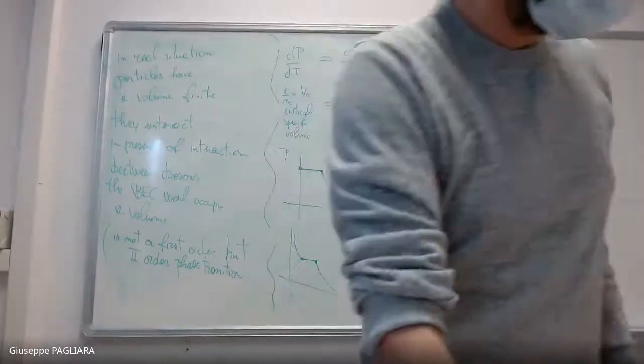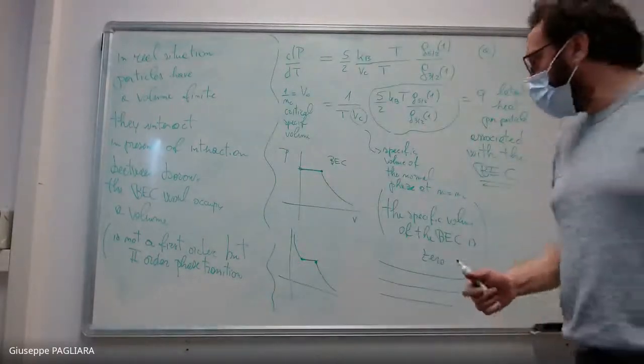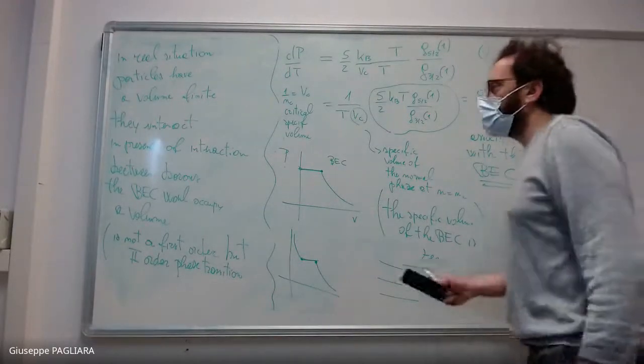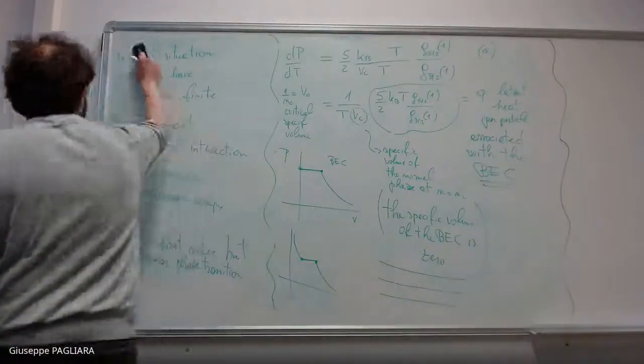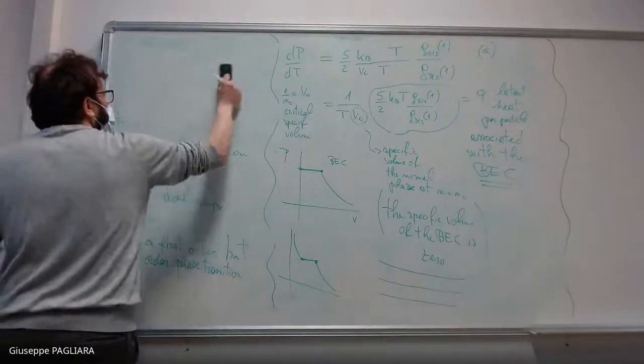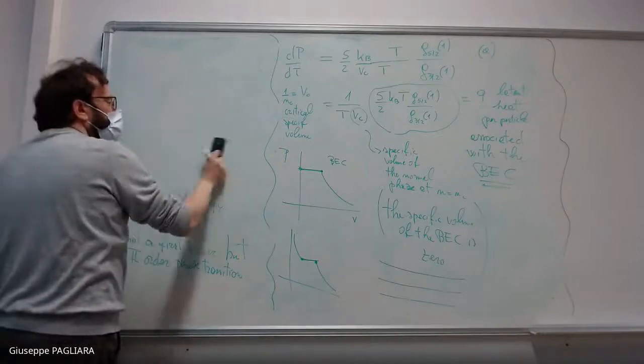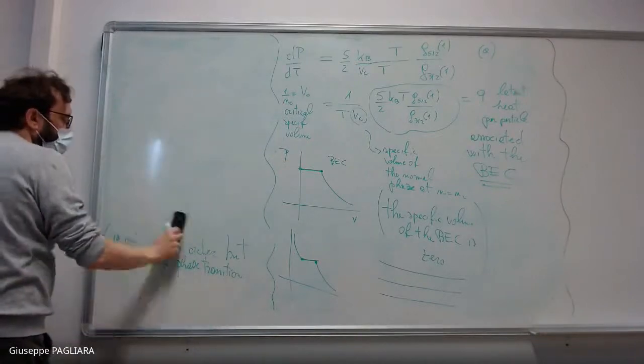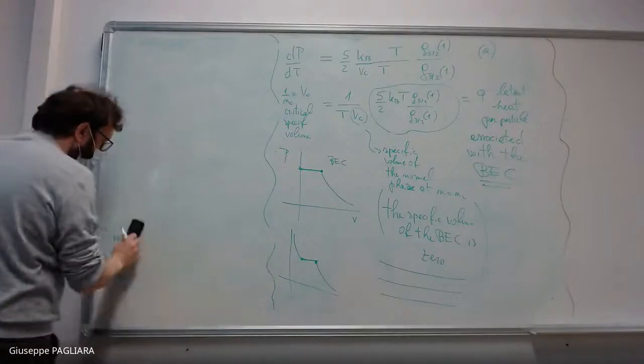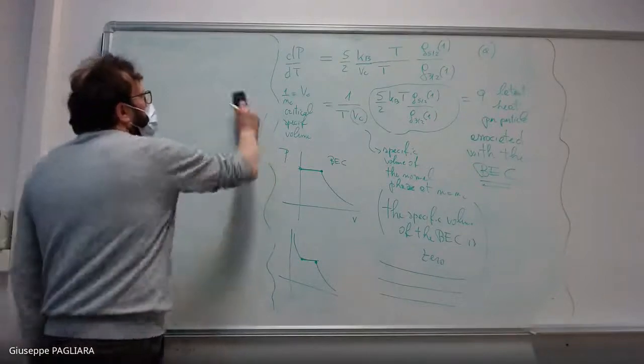Okay, since we have some time left, let's make the next characterization and the last actually. So now we have computed the equation of state. We are making plots of phase diagrams with the BEC.